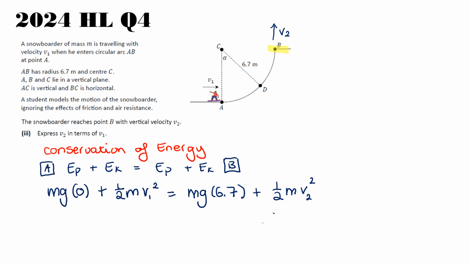Now, don't be worried too much about that idea of horizontal versus vertical velocity. How do we deal with that? When we deal with energy, energy is a scalar, which means direction doesn't matter. So when we talk about half mv squared, that v actually stands for speed. So all we put in is the actual magnitude. We don't care about the direction, the sign, or anything like that.